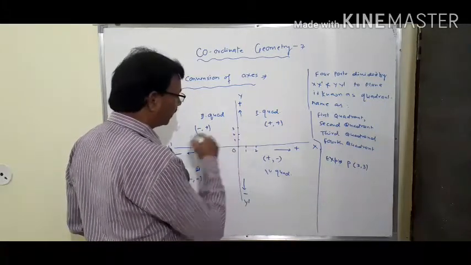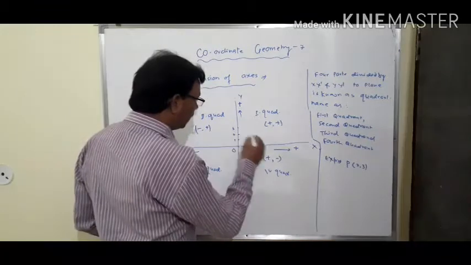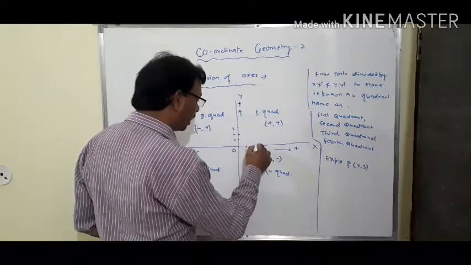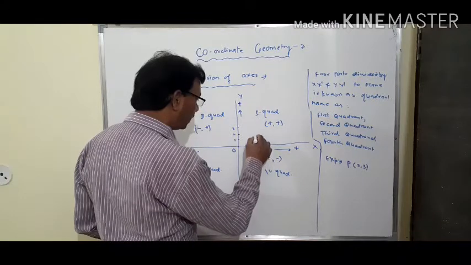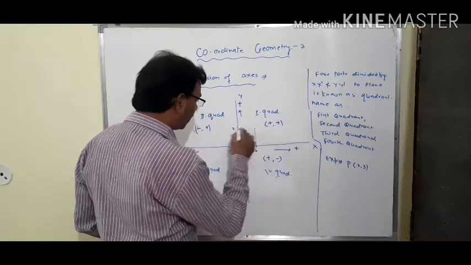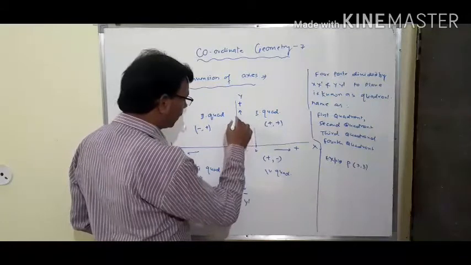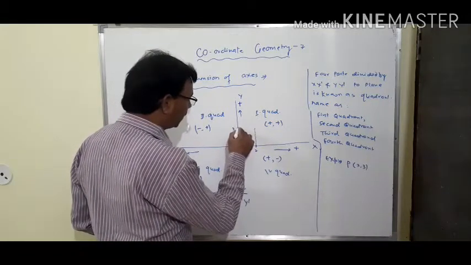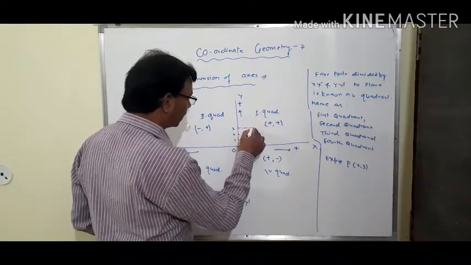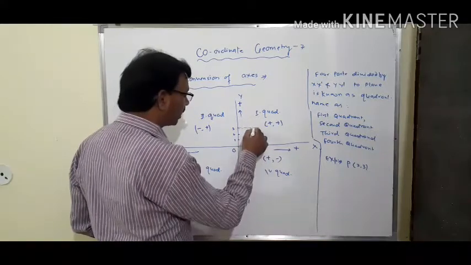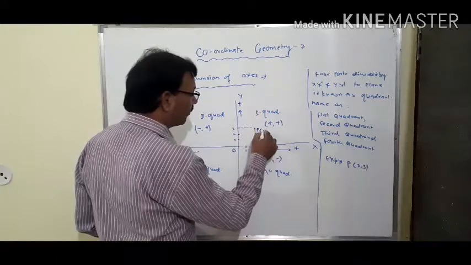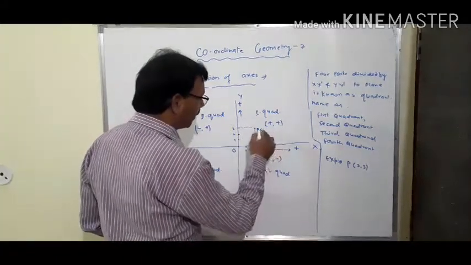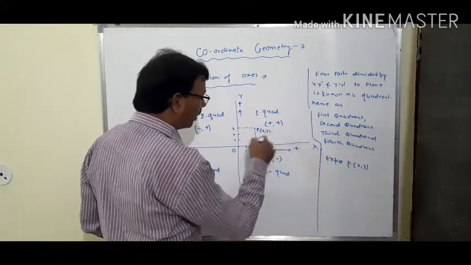Then we draw a line perpendicular from 2 in the upward direction and from 3 perpendicular to the y-axis in this direction, and where both lines intersect, that point is the position of the given point, and its coordinates are 2, 3.